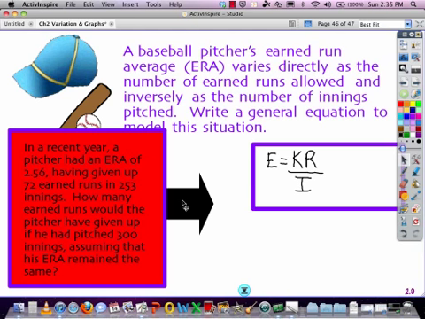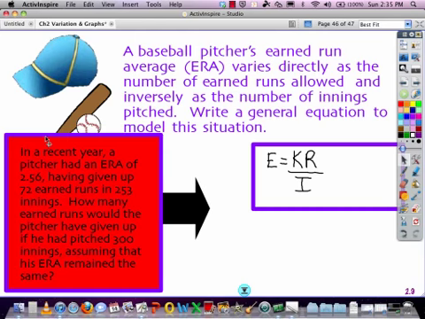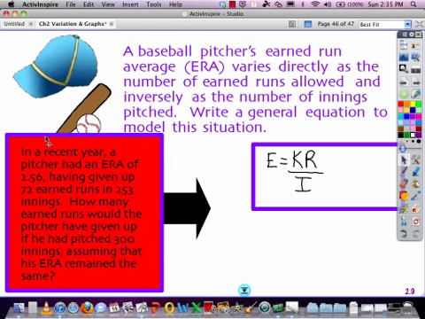So I believe if we take just that first complete sentence, we're looking at, in a recent year, the pitcher had, and highlight it, we got an ERA of 2.56. He had given up 72 earned runs and 253 innings.